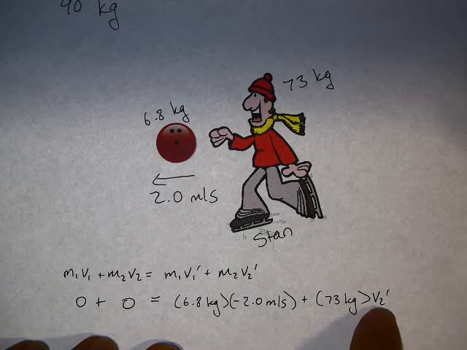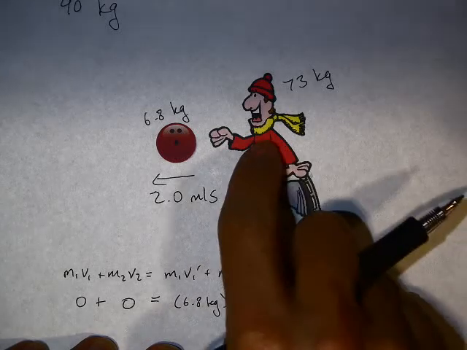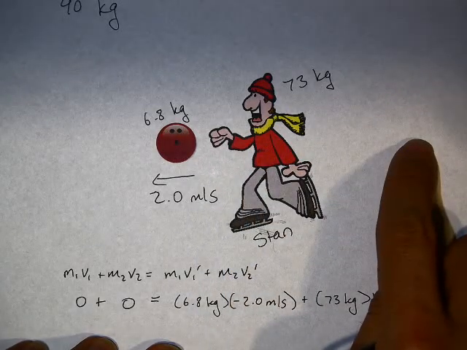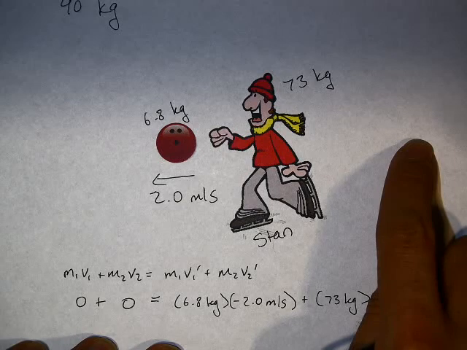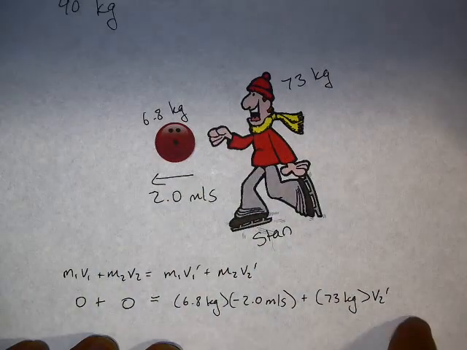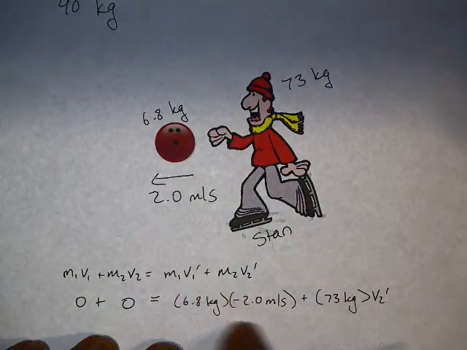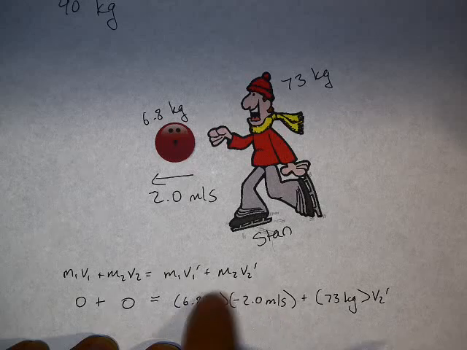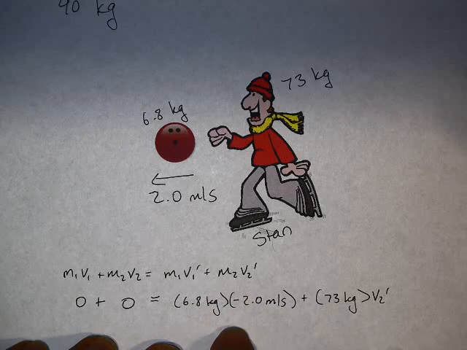What is Stan's velocity? How fast does he move to the right? How fast does he recoil, so to speak, to the right when he throws the ball to the left? Well, the ball's momentum is 13.6 to the left, so Stan's momentum must be 13.6 to the right.